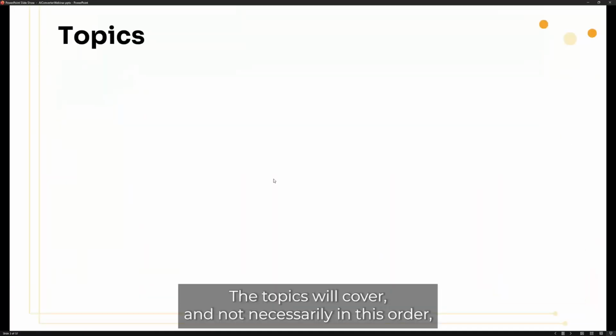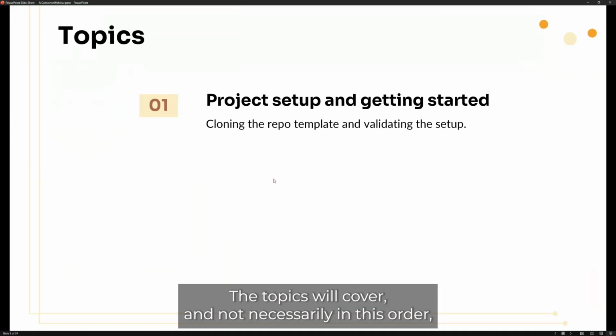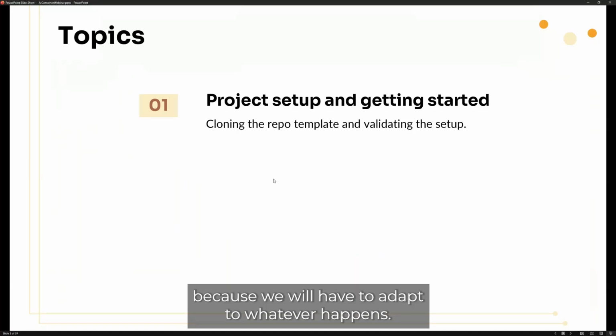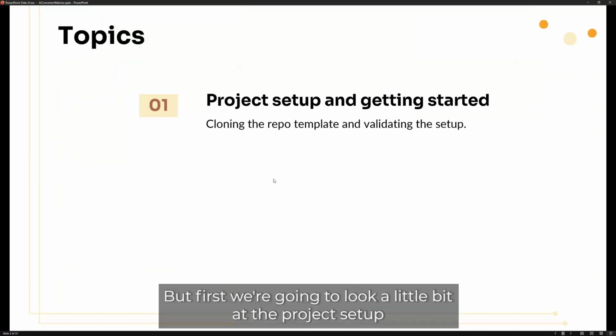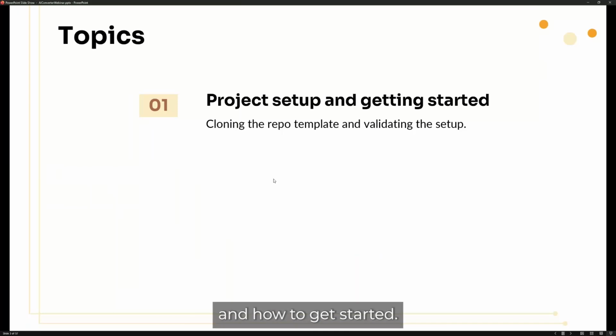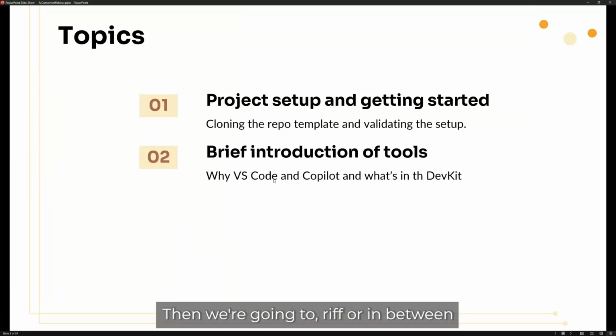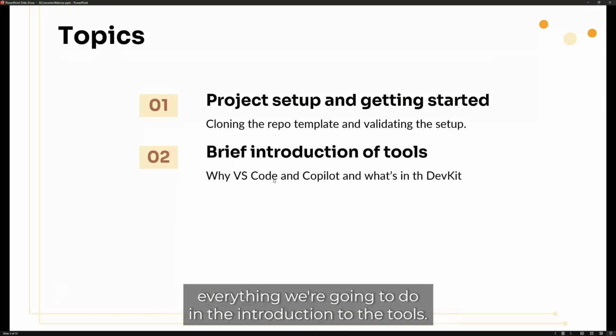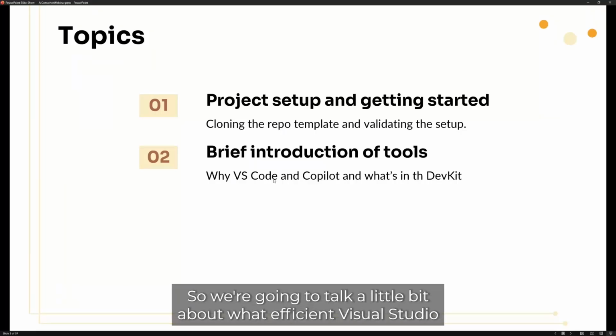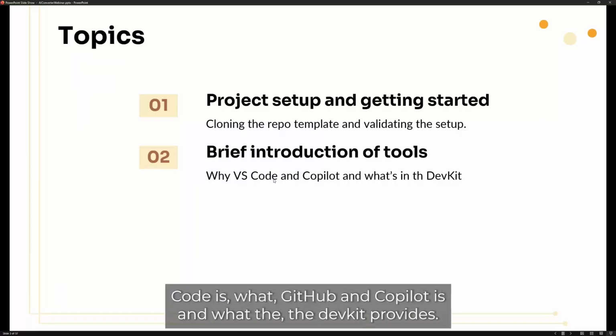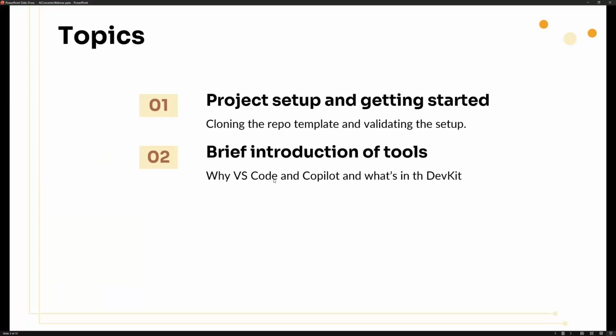The topics we will cover, not necessarily in this order, because we will have to adapt to whatever happens. First, we're going to look a little bit at the project setup and how to get started. Then, in between everything, we're going to do introductions to the tools: what Visual Studio Code is, what GitHub and Copilot are, and what the dev kit provides.